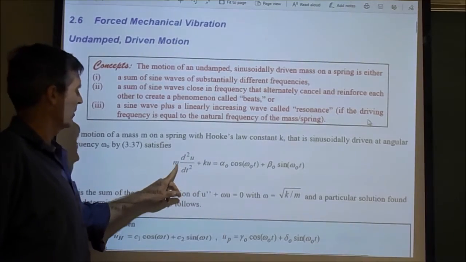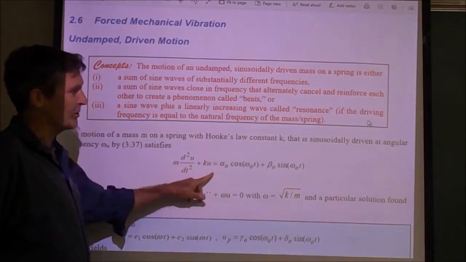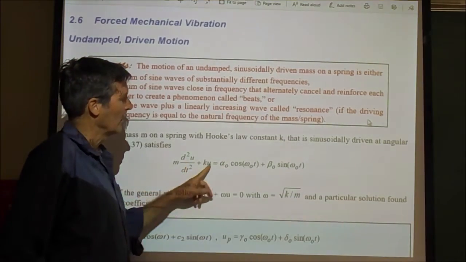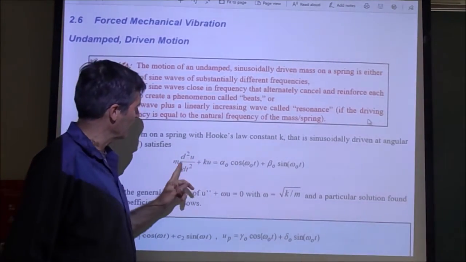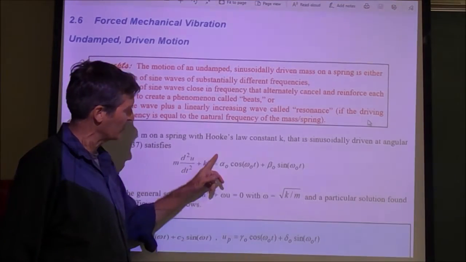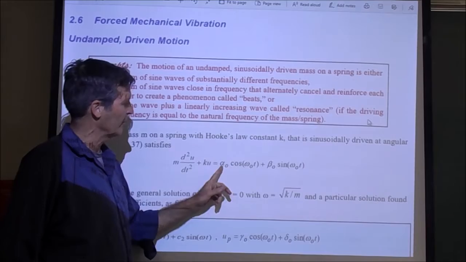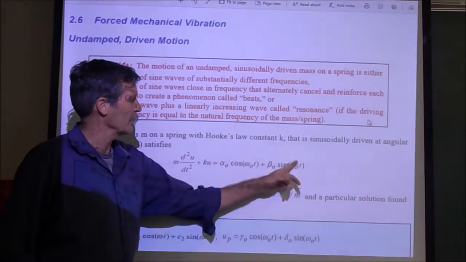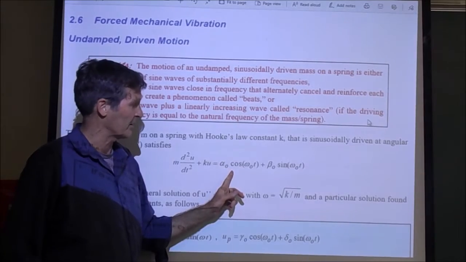Here's the model. We have first an undamped mass on a spring with a driving force attached. So m d squared u/dt squared, mass times acceleration, equals minus ku, the spring force, plus this additional force, which is actually expressible as a single sine wave.